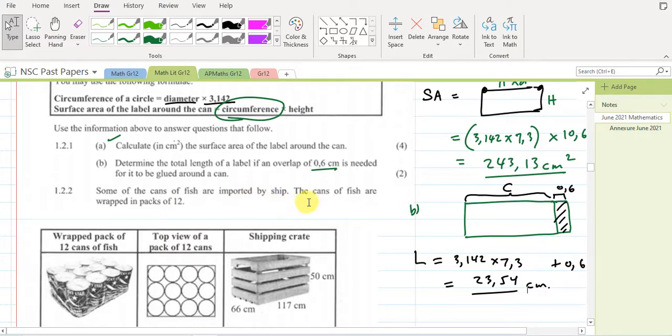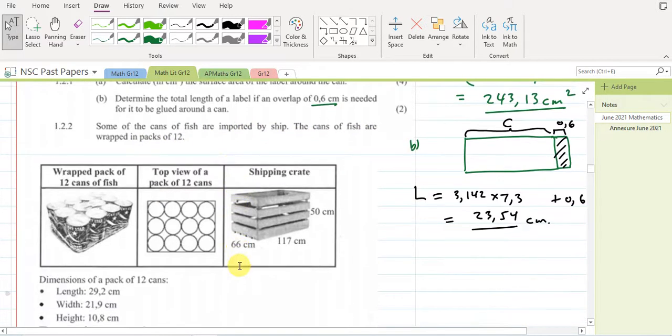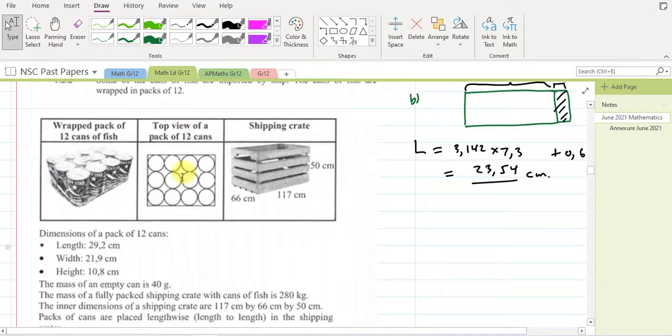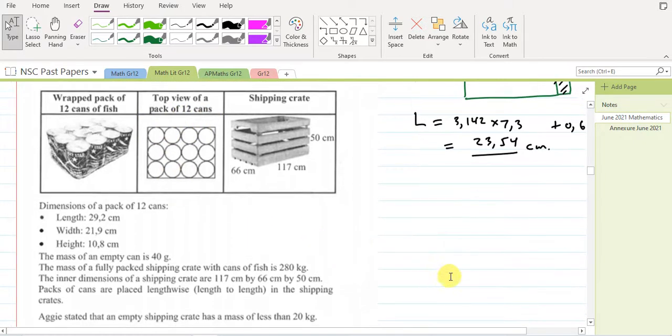Some of the cans of fish are imported by ship. The cans of fish are wrapped in packs of 12s. So packs of 12, that's how it's packed. Top view of the pack of 12 cans. What are the dimensions of a pack of 12 cans? Let's look at this height here. The height is 10.8 centimeters.